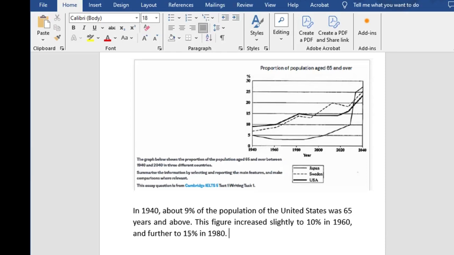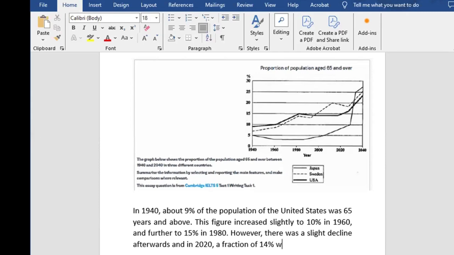However, there was a slight decline afterwards. Okay, and in 2020, a figure, let me say a fraction of 14% was reported.